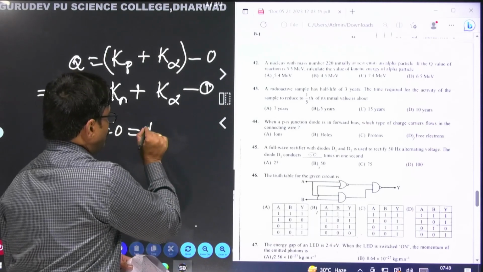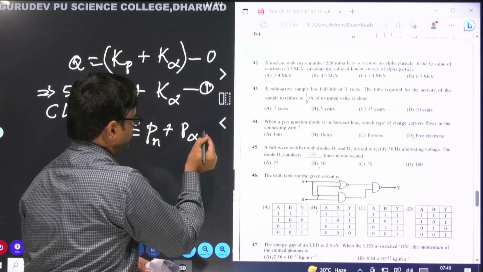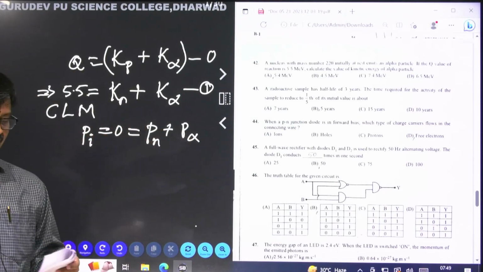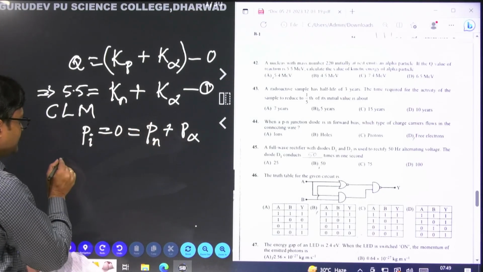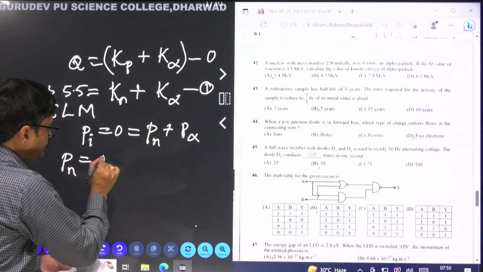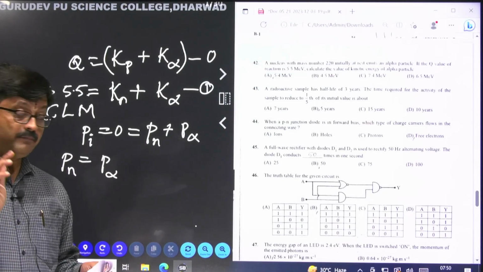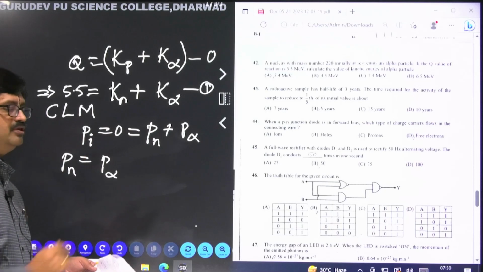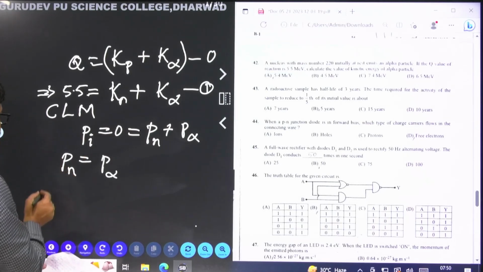It is momentum of nucleus plus momentum of alpha particles. Now this is where I'm going to obtain the kinetic energy. Magnitude wise, we can say that the momentum of nucleus and momentum of alpha particles are equal in magnitude, so their sum we can take to be 0.